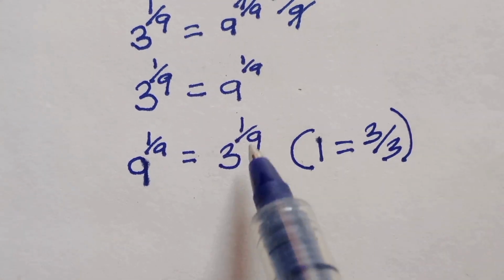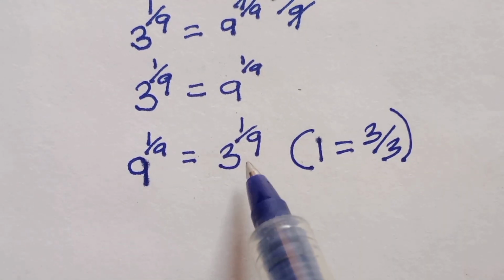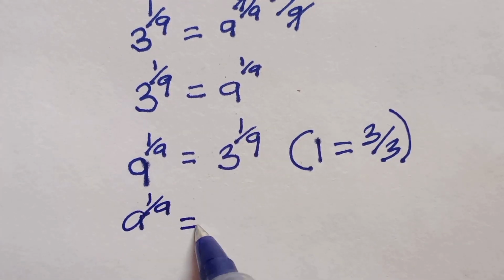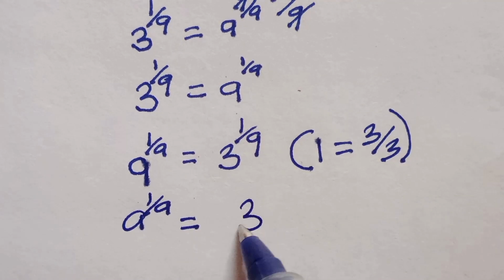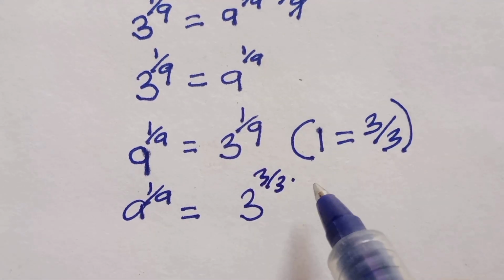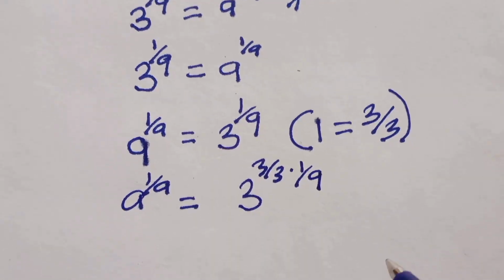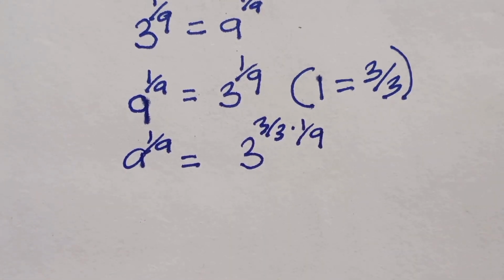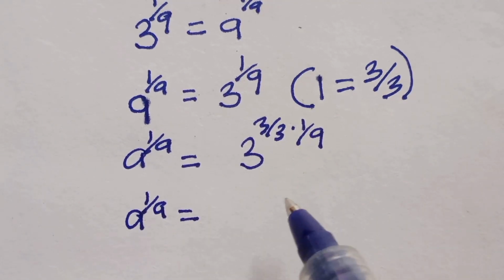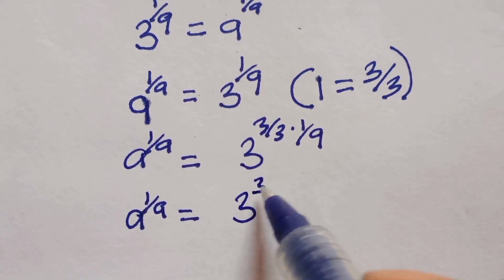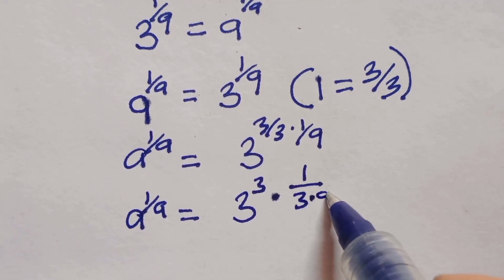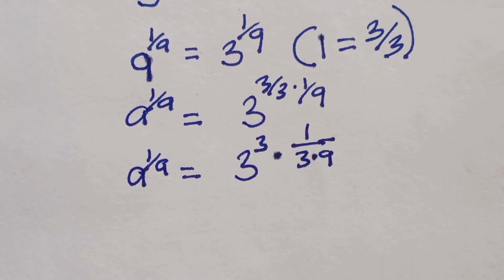So we can now apply that to what we have in our right hand side, so that we'll now be having a raised power 1 over a to now be equal to 3 raised power 3 over 3 multiplied by 1 over 9. Yes. So a raised power 1 over a now gives us 3 raised power 3 multiplied by 1 divided by 3 times 9, according to law of indices.